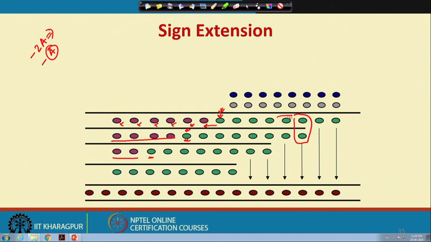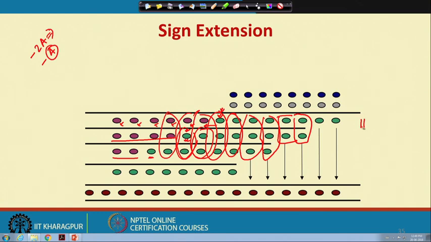Wallace tree structure means you just add something like this, using carry save adder or using carry look-ahead adder, sorry. Using any of these, you can do this addition operation. Okay.